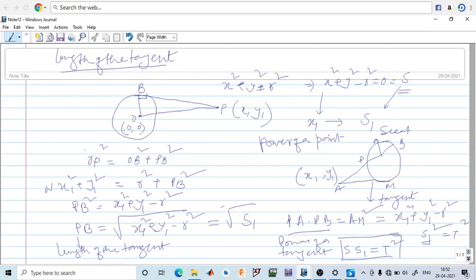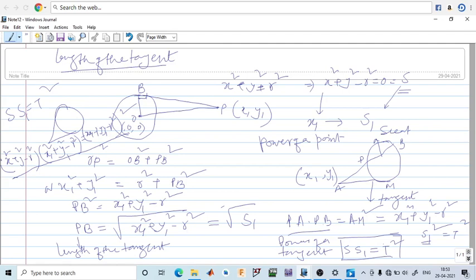If we consider the pair of tangents, suppose like this, then also we are going to follow the same form, S S1 equals to T square, that is (x square plus y square minus r square) into its corresponding (x1 square plus y1 square minus r square) equals to (x x1 plus y y1 minus r square) whole square. This is the condition of the pair of tangents.